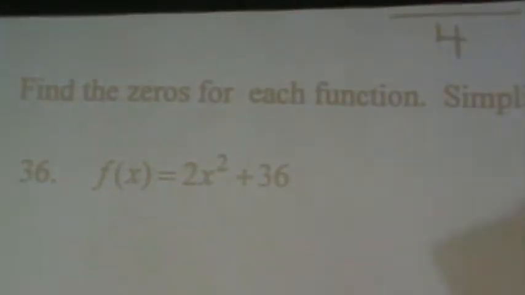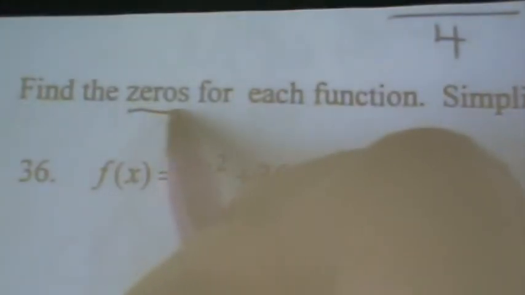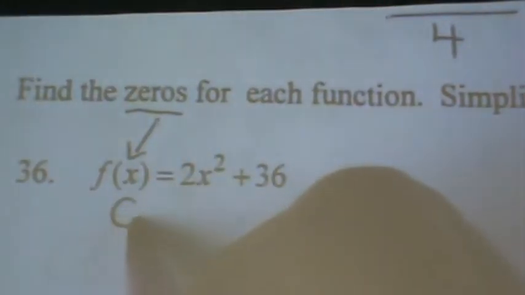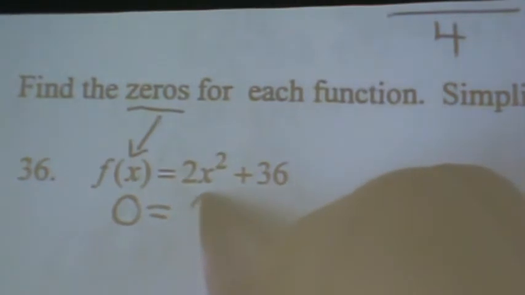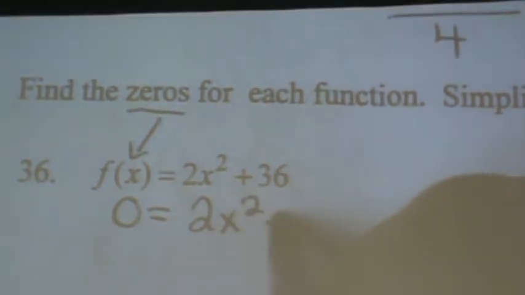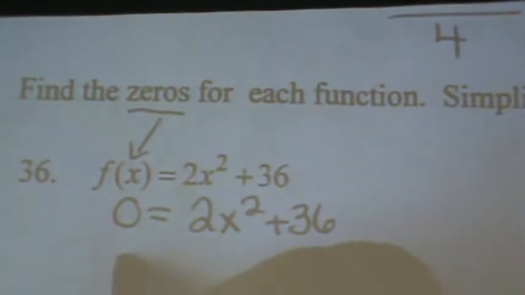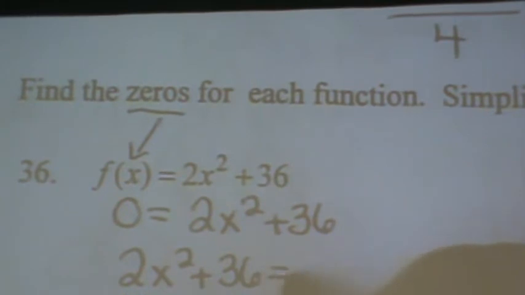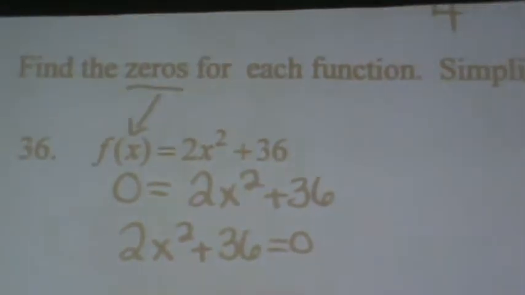Okay, 36. Remember the 4 different ways? You're finding the zeros. So what you do is you put a 0 right here. What is this problem missing? A b term. So how do I solve it when it doesn't have a b term?